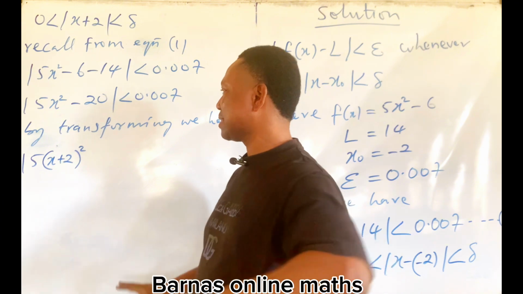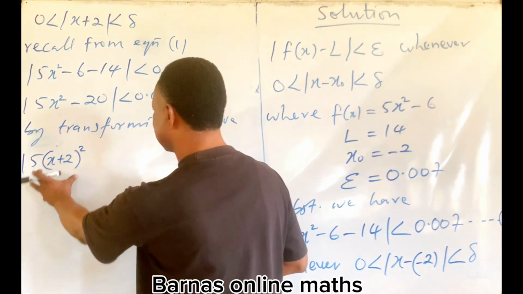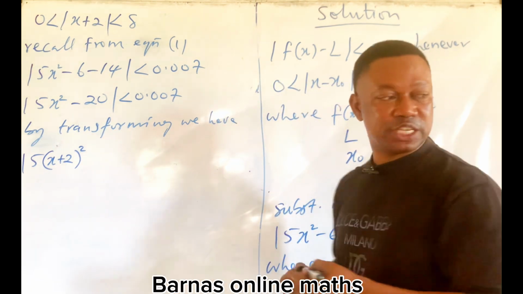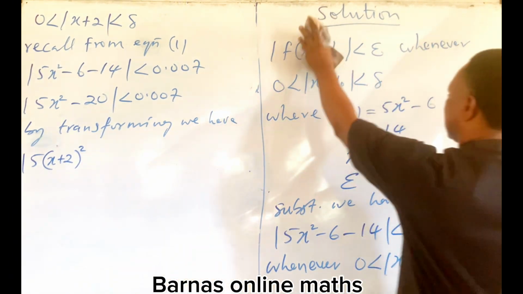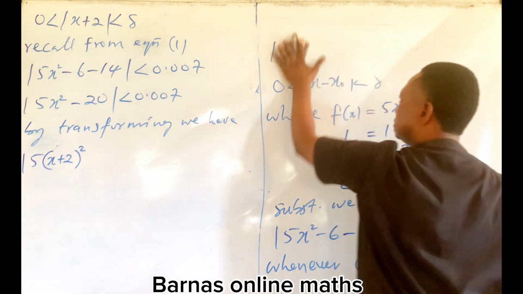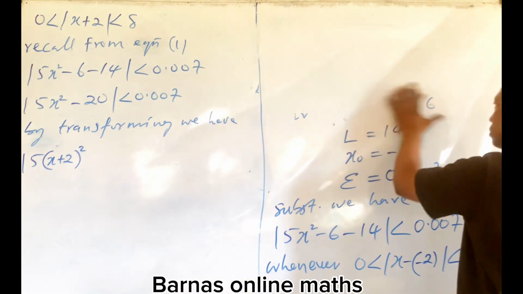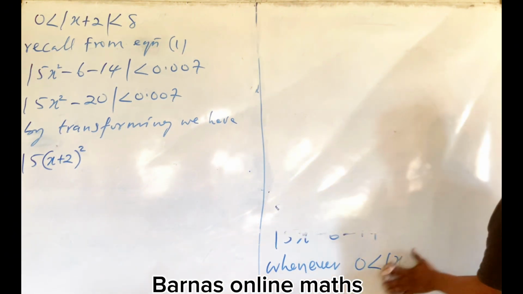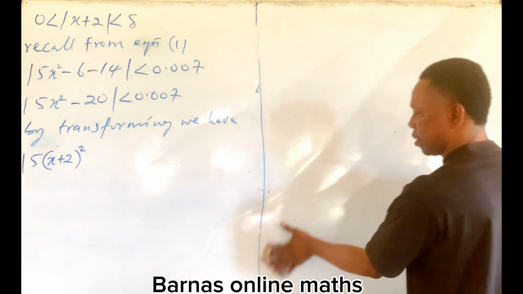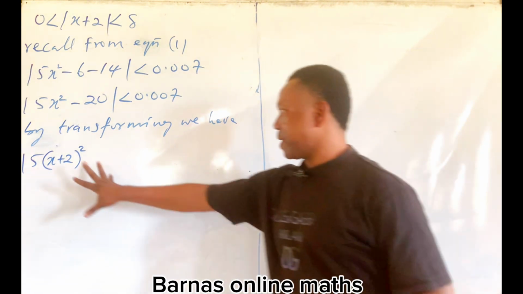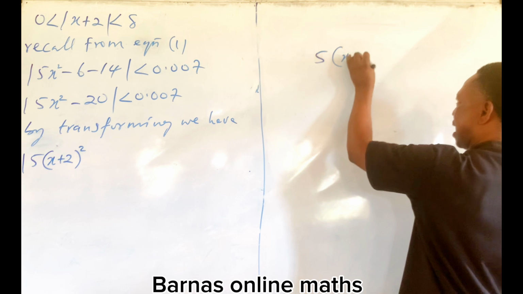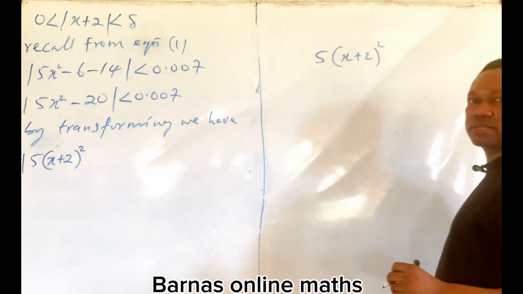For us to do that, in a rough, let's bring this out. Very important. We have 5 into x plus 2 all squared.